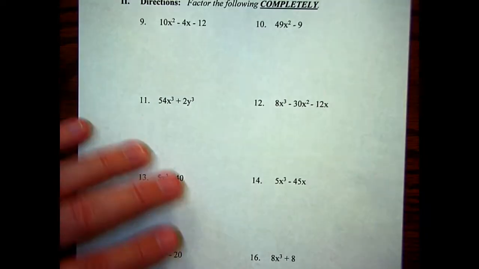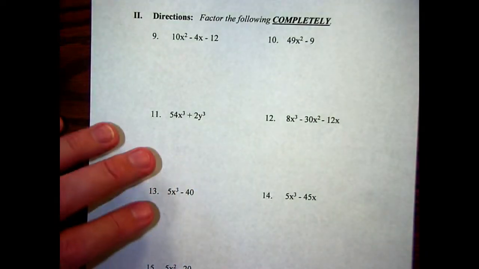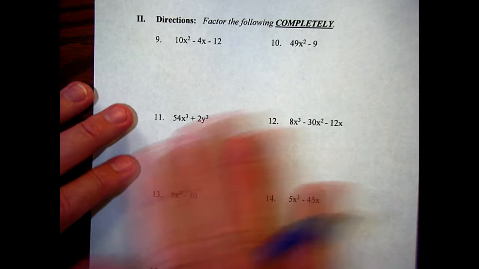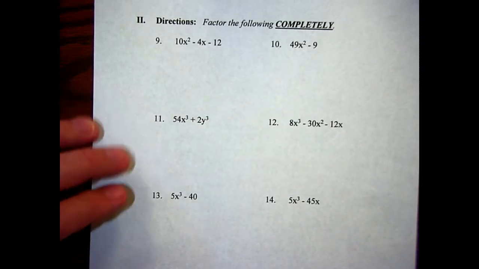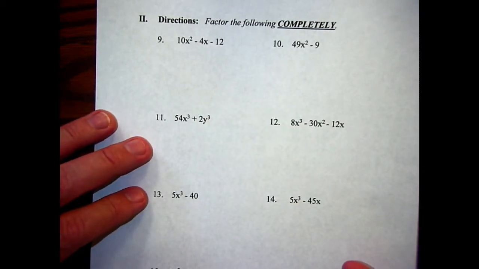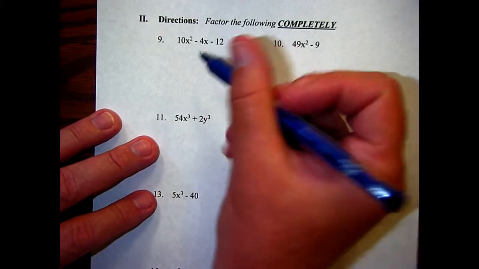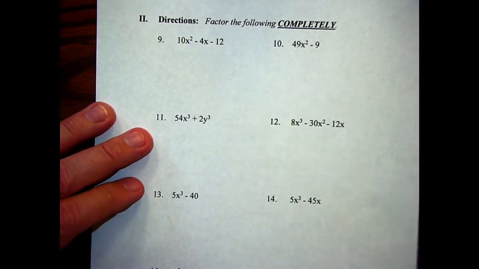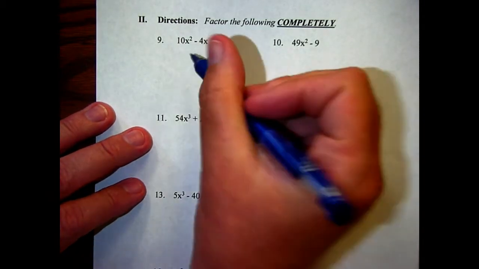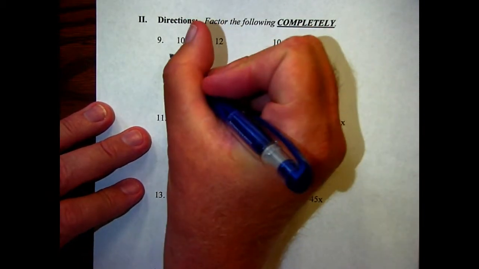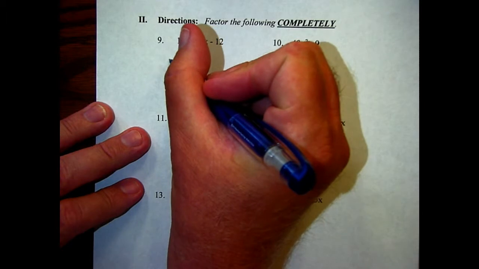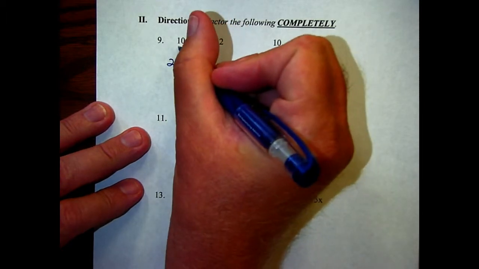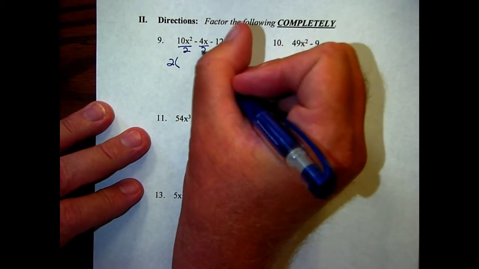So in this first problem, and with all of these factoring problems, we want to factor out common factors first. In this problem, there is a common factor of 2. So we're going to take the 2 out, and we're going to divide each of these terms by 2.